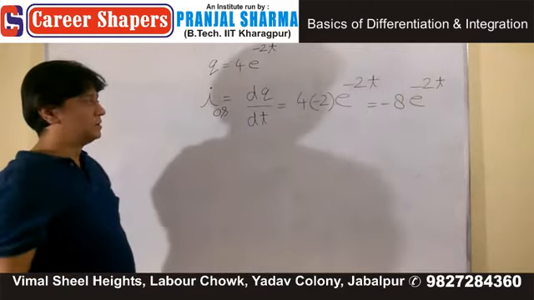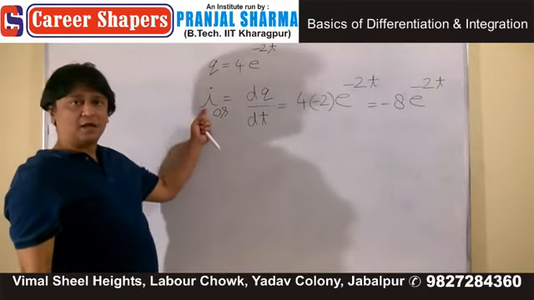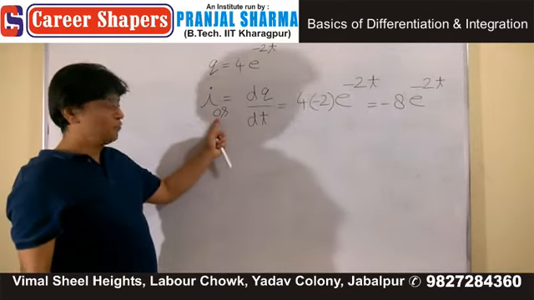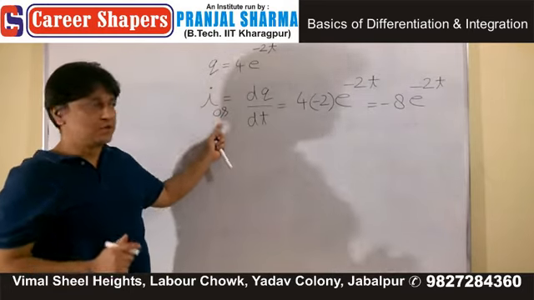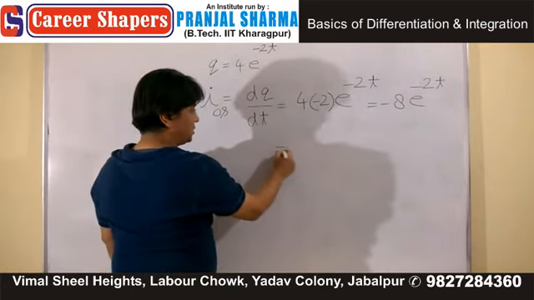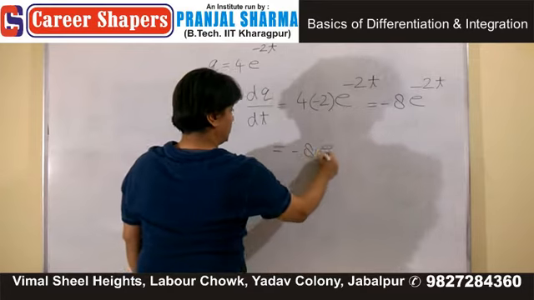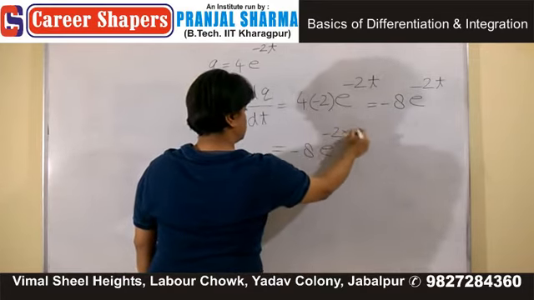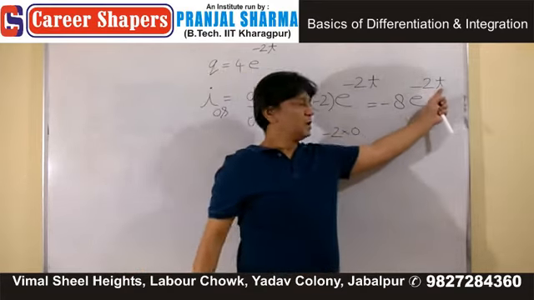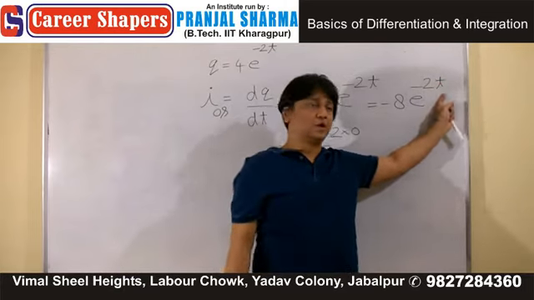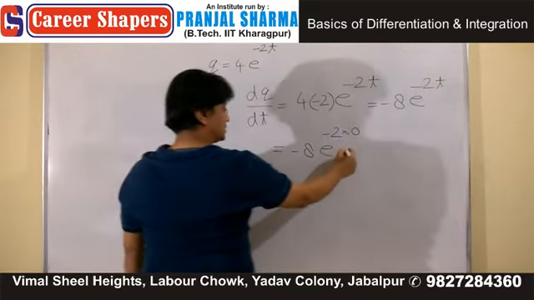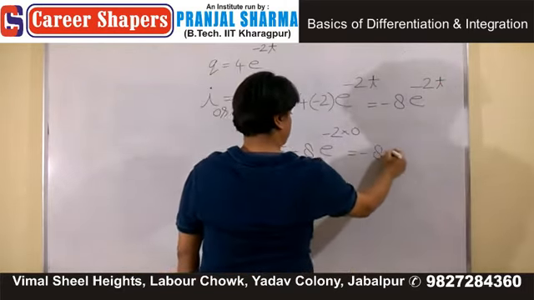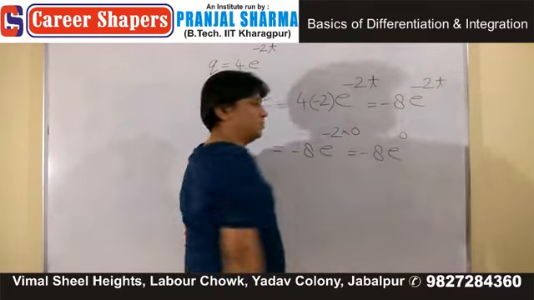And now we need electric current at what time? When time is 0. So simply put t as 0. This is minus of 8 e to the power 0.